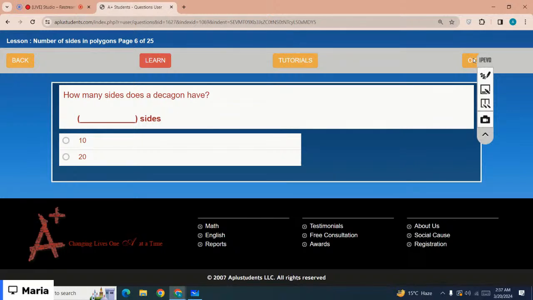How many sides does a decagon have? Which is the correct option? The correct option is decagon. Deca means 10, so a decagon has 10 sides.